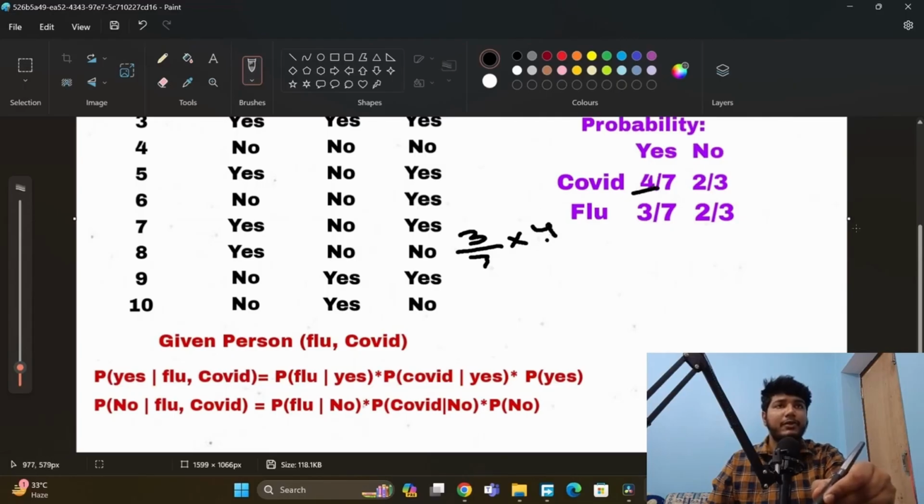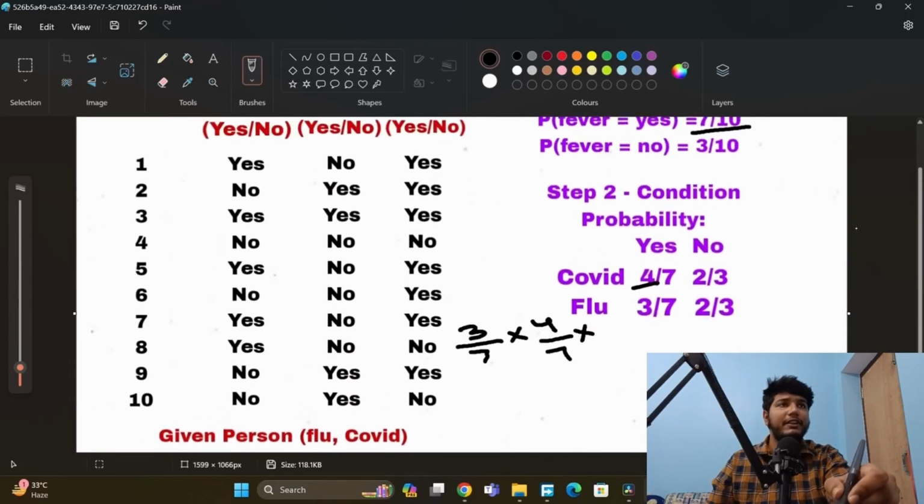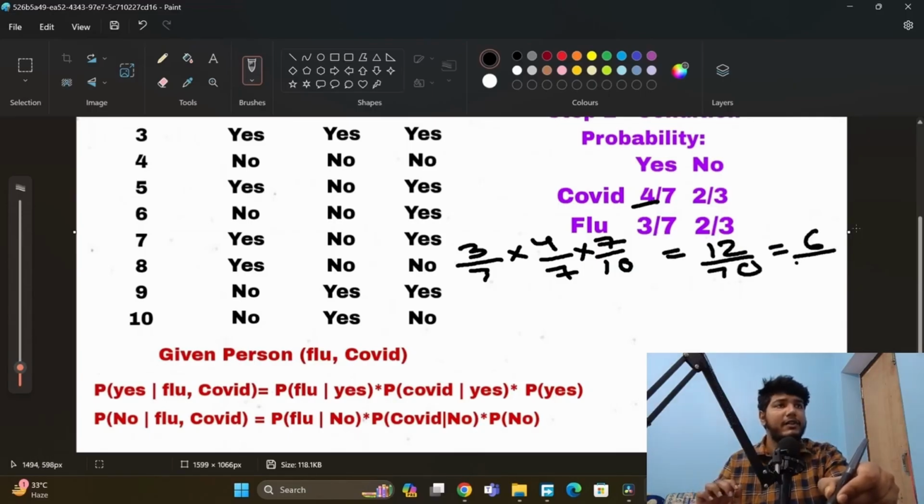So here we will put 4 by 7 into probability of yes. So probability of yes is here 7 by 10, which we have already calculated. That's why it is now easy for us to put that values, 7 by 10. And now we can cut this, and we get 0.17. So we have now 0.17.